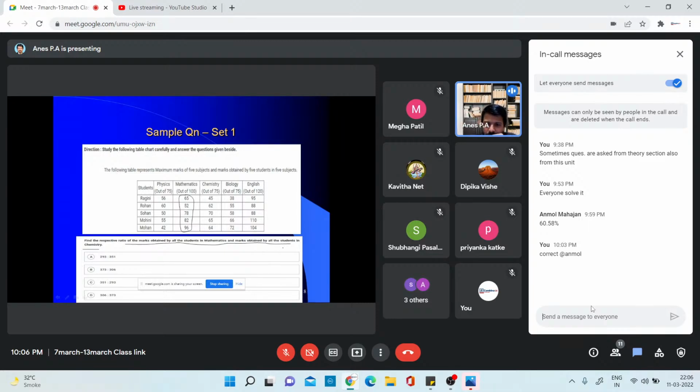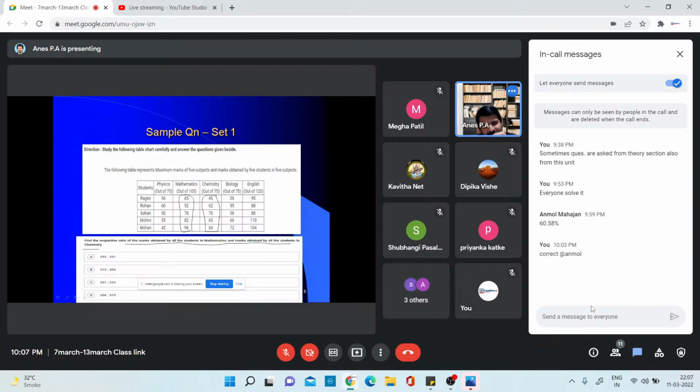Then, the marks obtained by all the students in chemistry. So you just sum up these 5 values, then you get some value. Which value becomes the numerator?